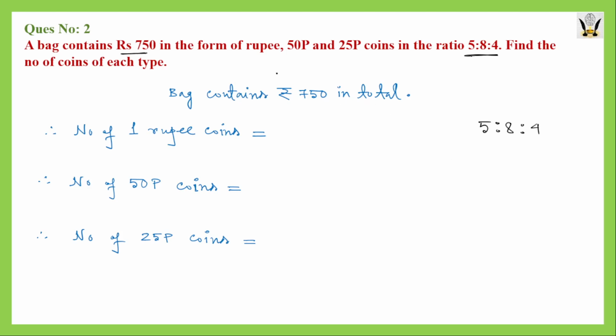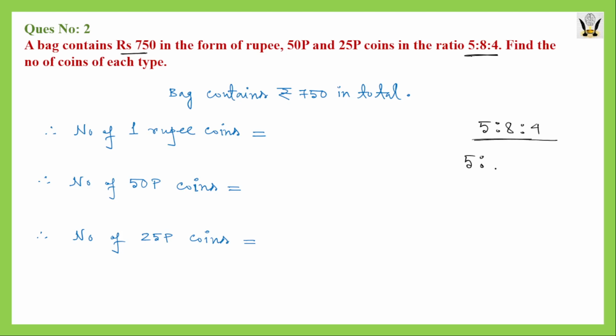So from the total valuation, which is rupees 750, if we want to find how much each coin contributes, then first we need to find the ratio of their valuation. In the case of the 1 rupee coin, one coin contributes 1 rupee, so it's 5, that's okay. But in the case of the 50 paise coin, two such coins contribute 1 rupee, so the ratio will be half, because the valuation of a 50 paise coin is half a rupee.